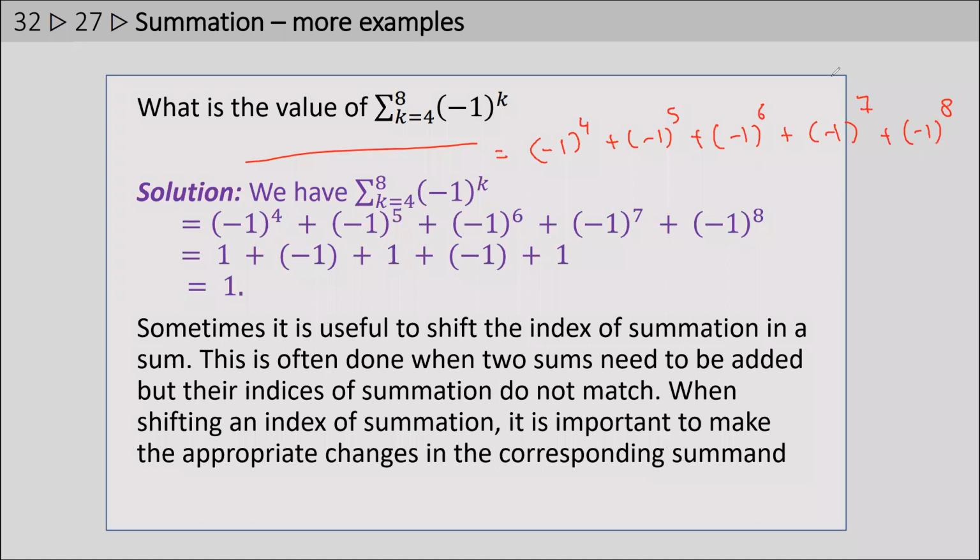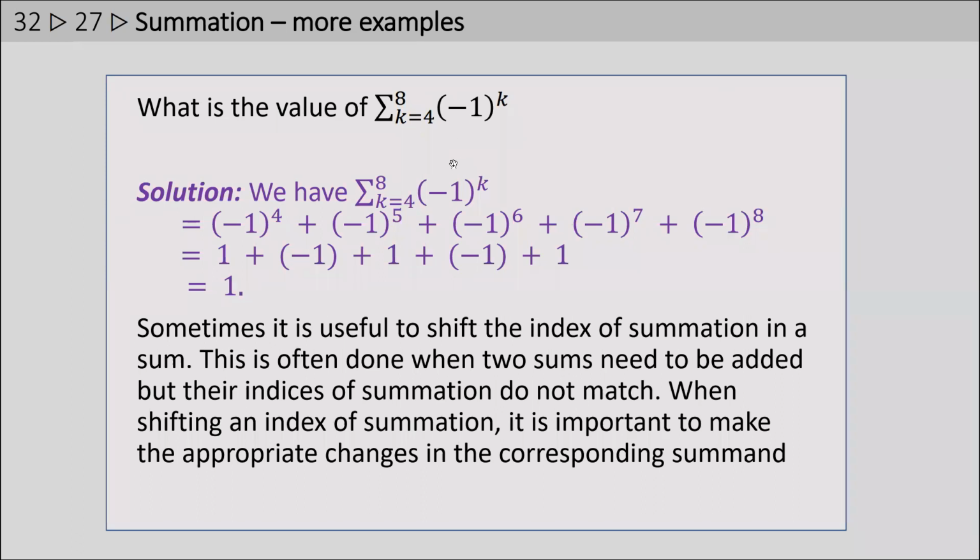Minus 1 to the power of an even number generates positive 1, and to the power of an odd number generates negative 1. So positive 1 cancels negative 1, positive 1 cancels negative 1, and the remaining is 1 as a result.